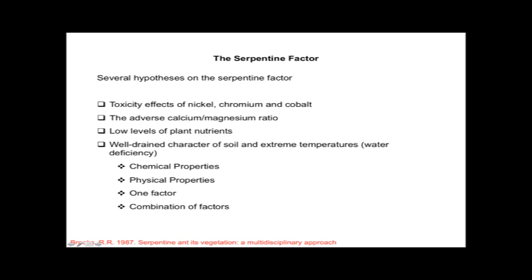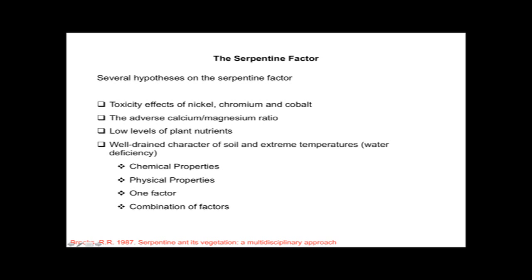There are four well-formed hypotheses about the serpentine factor. One is the toxicity effects of the heavy metals nickel, chromium, and cobalt. The other is the low ratio of calcium to magnesium. A third hypothesis concerned the low levels of plant nutrients, and a final hypothesis concerned the well-drained character of the soil and the extreme temperatures occurring in them, factors related to the physical properties of the soil and actually causing water deficiency.